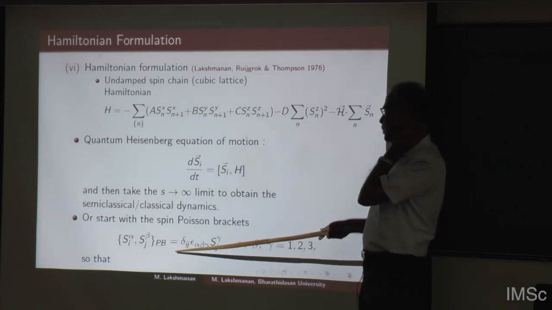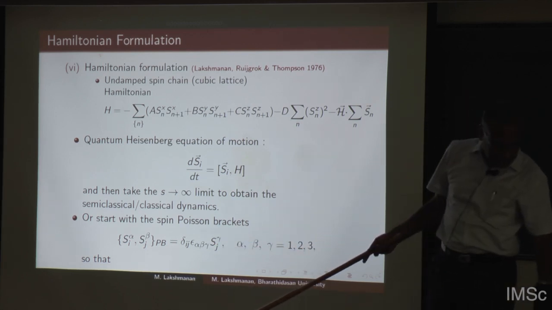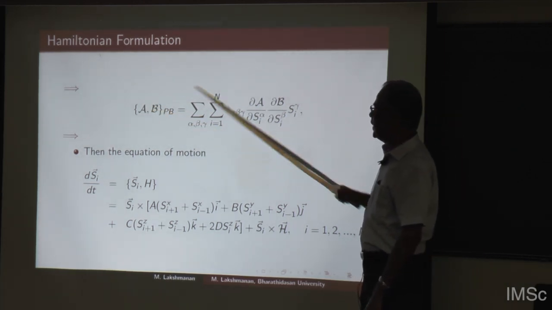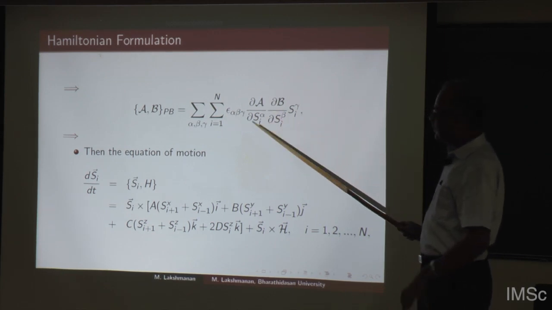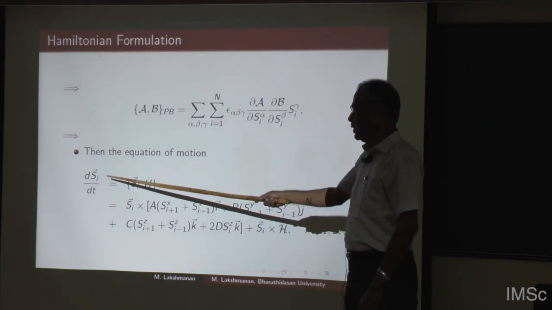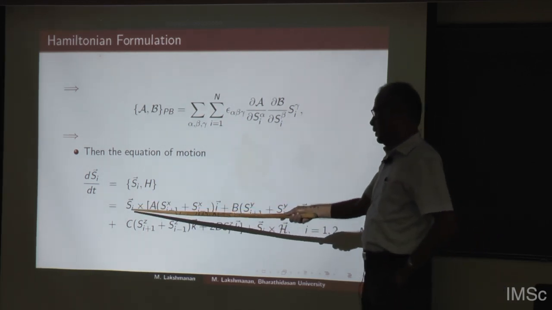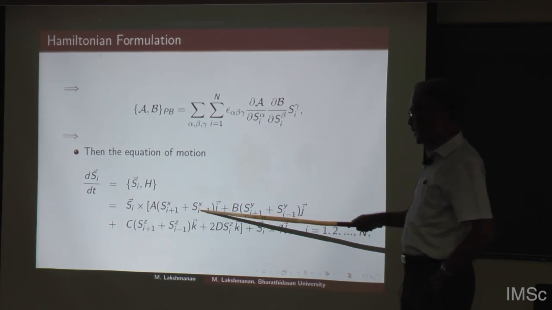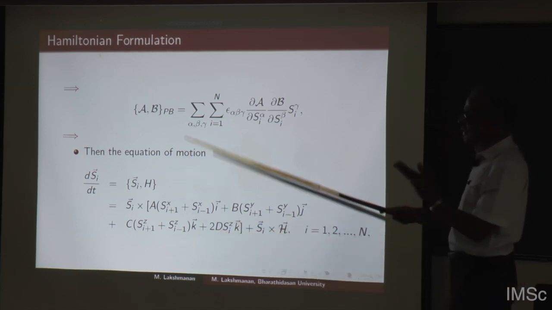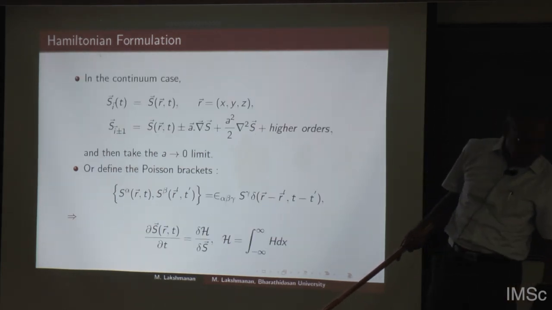The Poisson bracket of S_i alpha with S_j beta equals delta_ij Kronecker delta times epsilon S_i gamma. This definition then also you can use with the same Hamiltonian, where the Poisson bracket of two spin functions A and B is defined in this particular fashion. So it satisfies all the Jacobi conditions, so that you can write down the equation of motion for the spins. Now, spin vectors in this form: S_i, the nearest neighbors S_i plus 1, S_i minus 1, the anisotropy terms, and then on-site anisotropy, magnetic field, or any other form of H, you can write down the underlying spin evolution equation and so on.